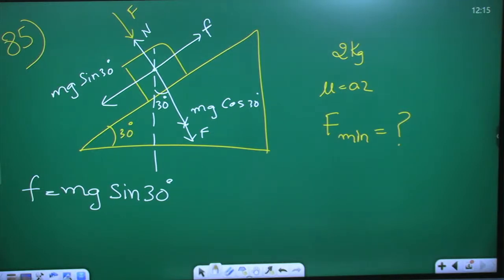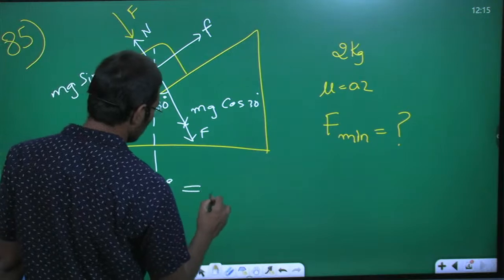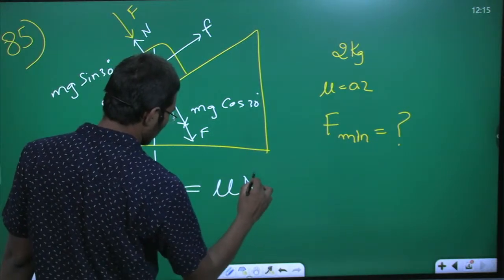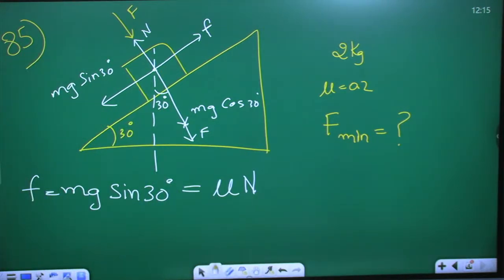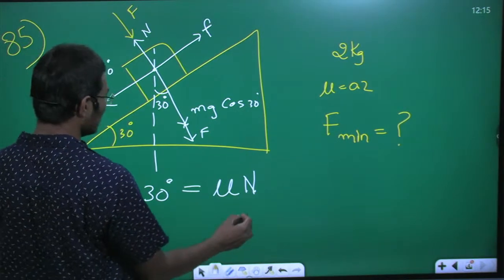So what is friction? Friction is equal to mu N. So try to solve. So what does N stand for here?